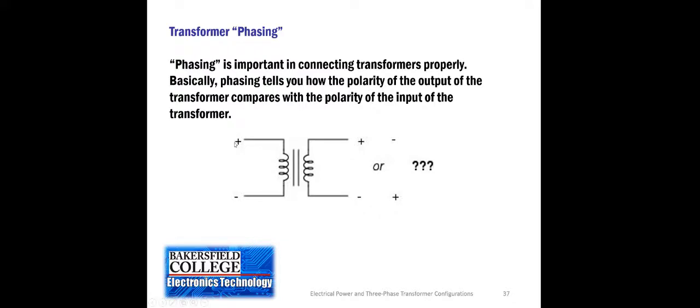Let's say that the top is positive and the bottom is negative. Well, what would happen on the secondary side? Is that going to have the same polarity that it does on the primary side, or will it be opposite in polarity? That is phasing.